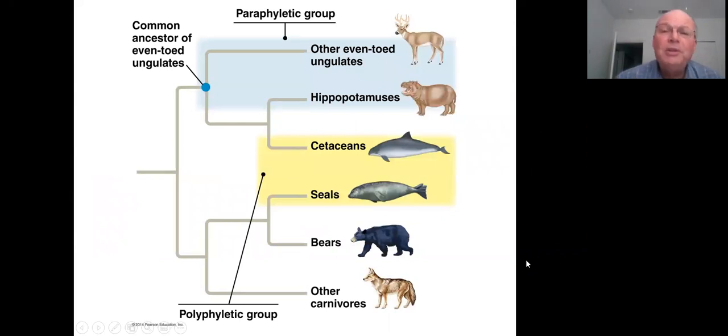So here is another example of paraphyletic versus polyphyletic, and these are some reorganizations of the animal kingdom that have actually had to take place.